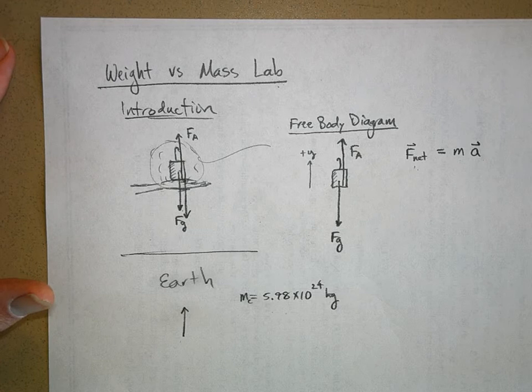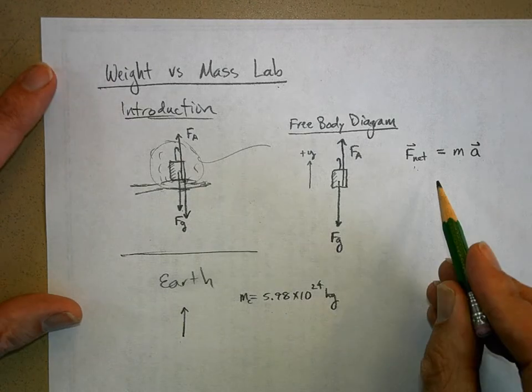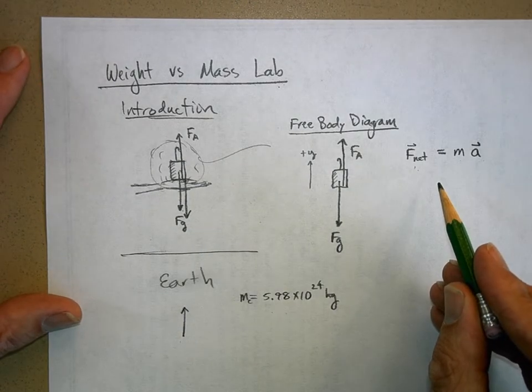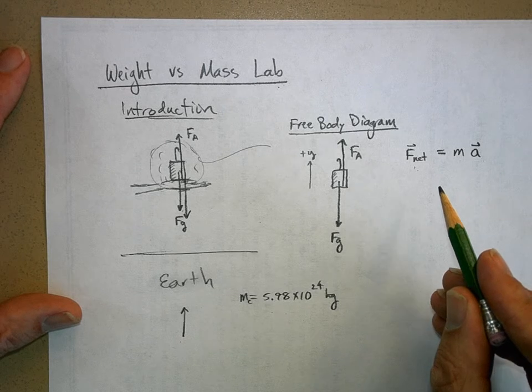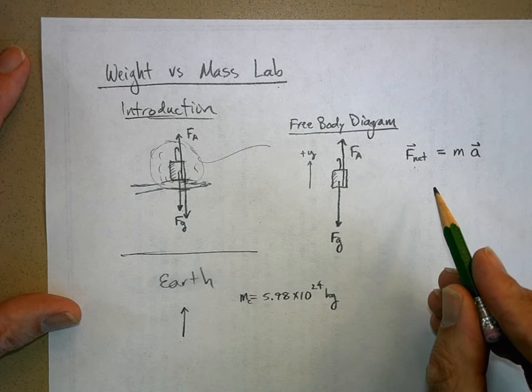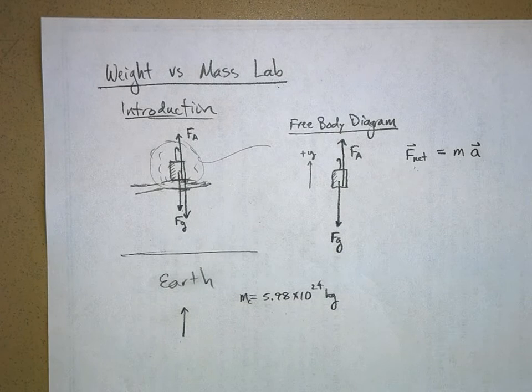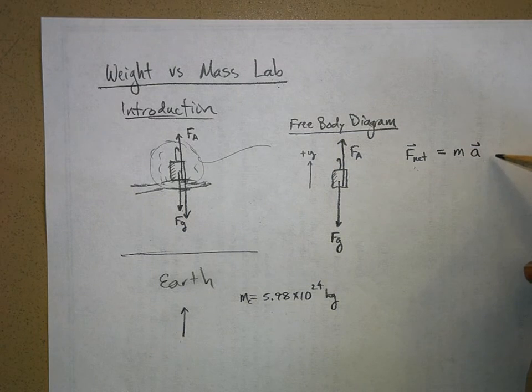Hey, folks, this is the most important equation in all of physics, right here. If you understand Newton's second law, it just unlocks the universe to our minds. It is no coincidence that the Industrial Revolution occurred shortly after Newton published these results, his laws of motion, particularly his second law, which is expressed by this equation.